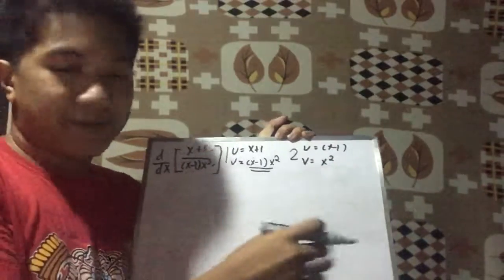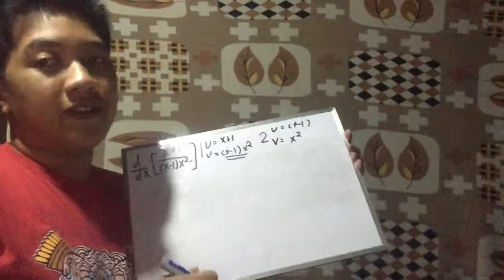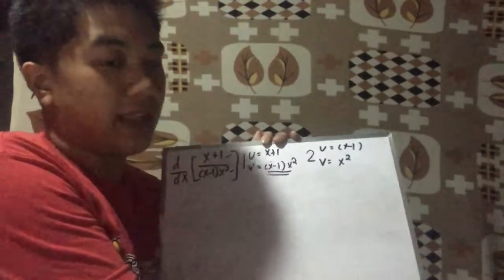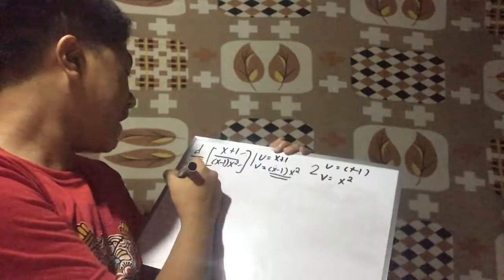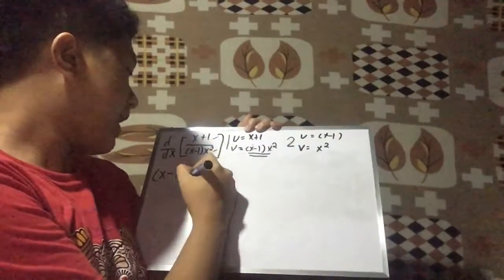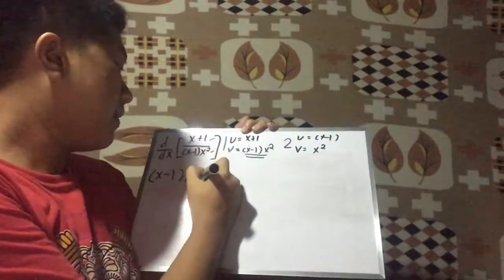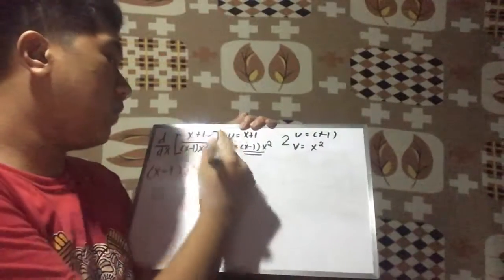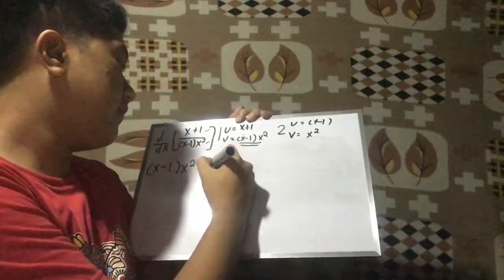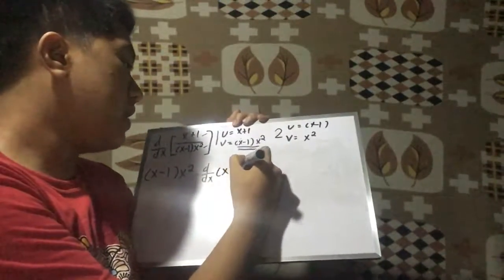Okay, so let's start. First, we have to lay down all the derivatives that need to be collected. So we take x minus 1 times x squared, because that is v, multiplied by the derivative with respect to x of x plus 1.